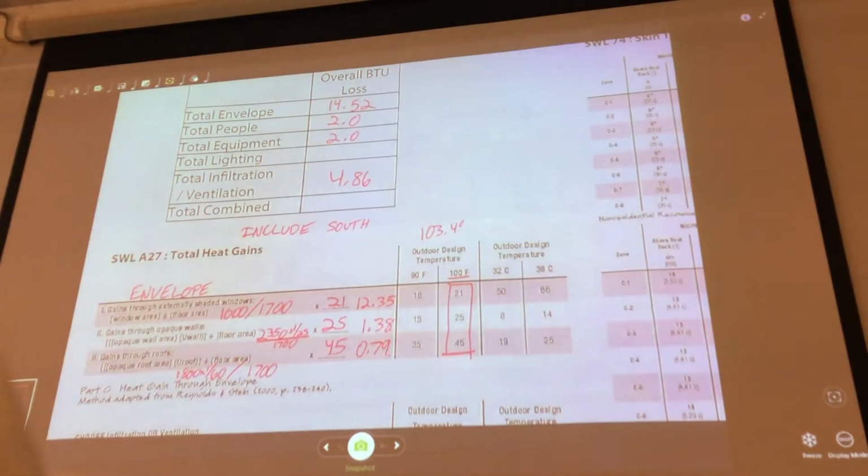So I'm going to go for 2 BTUs for people and 2 BTUs for equipment. That way, if there's a lot of people in there, great, I'm still covered. If they have servers in there, great, I'm still covered. If I go on the low end, then that's telling me that there's not going to be that many people, or they're going to have very light loads on the equipment itself. Does that make sense?